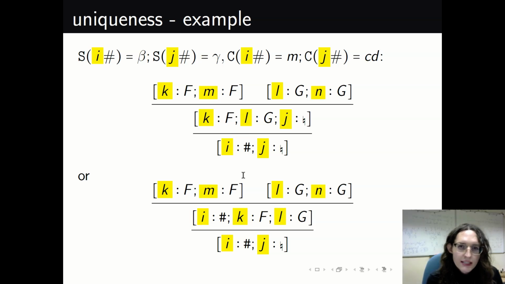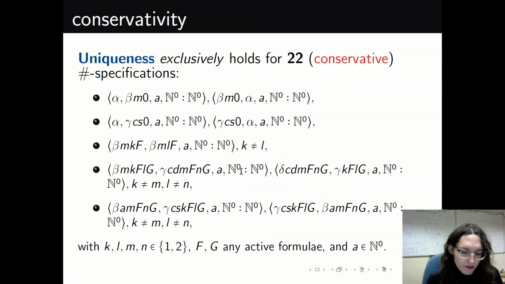So what do we find? We find that of these 76 conservative options for connectives, we now have 22 that are also unique. And here again, merely for dramatic effect, showing you the possible combinations in our notation. Great.